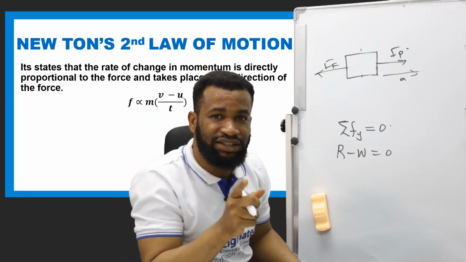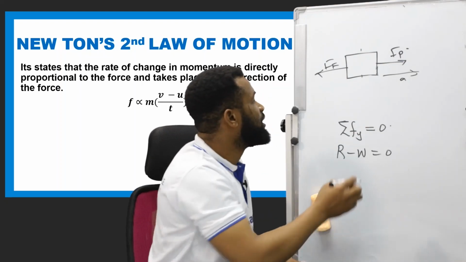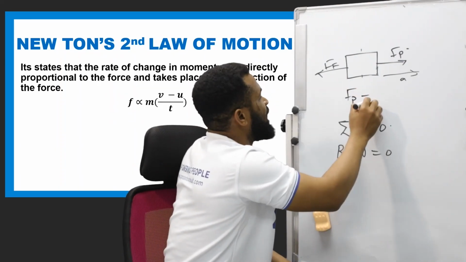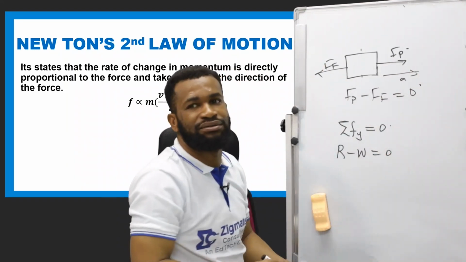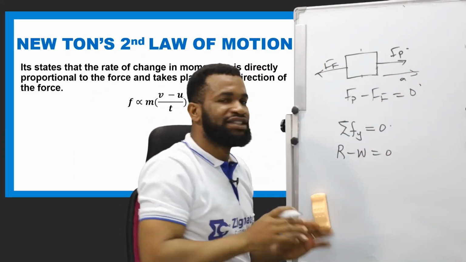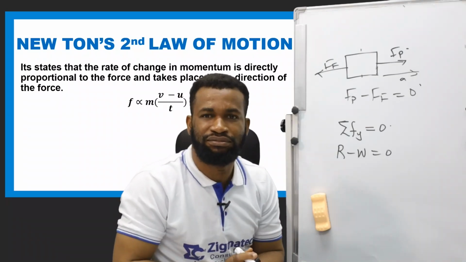I mean in terms of static, because we also have dynamic equilibrium. But if Fp minus Ff is equal to 0, that means that acceleration is 0. So in that case, this is the static equilibrium.